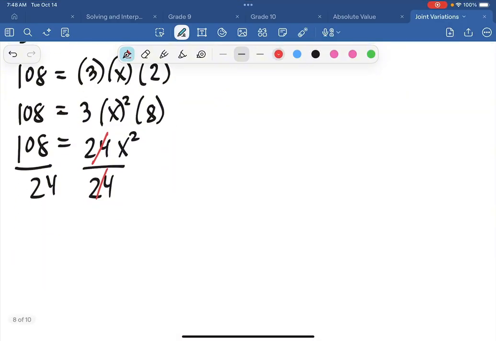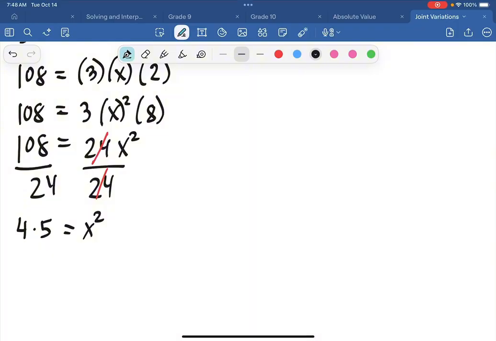So we are left with x squared, and 108 divided by 24 is 4.5.